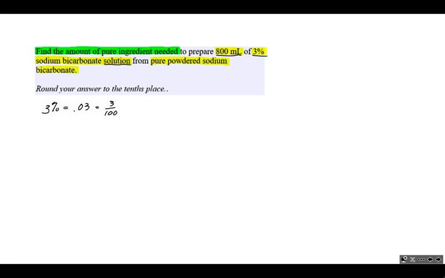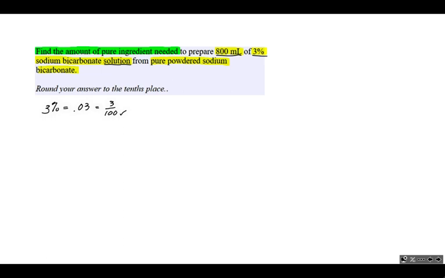And in the case of a 3% solution, what this means is that for every 100 milliliters of solution, we want to have dissolved in that 3 milliliters of our pure ingredient, of our sodium bicarbonate. So let's write that up as a conversion factor here.